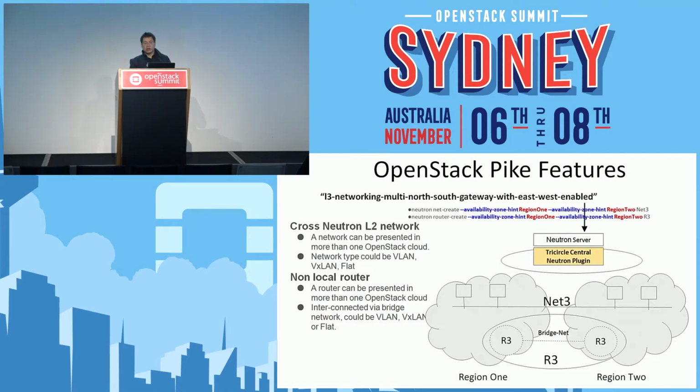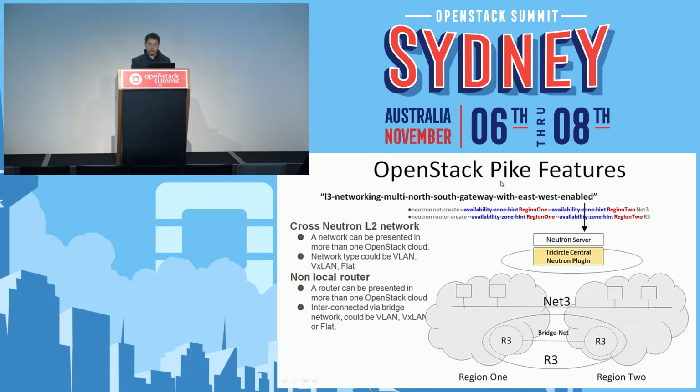And we also have cross-Neutron objects, for example, a cross-Neutron layer 2 network and a non-local router. For a non-local router and a cross-Neutron layer 2 network, you have to create such objects with multiple availability zone hints to represent that this object will be spawned into multiple Neutron servers.